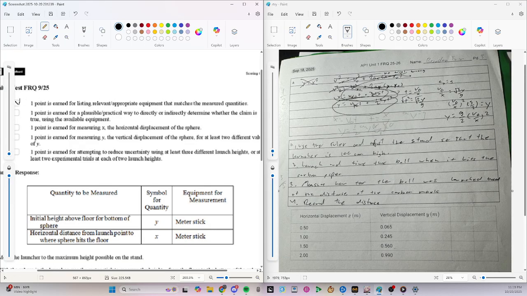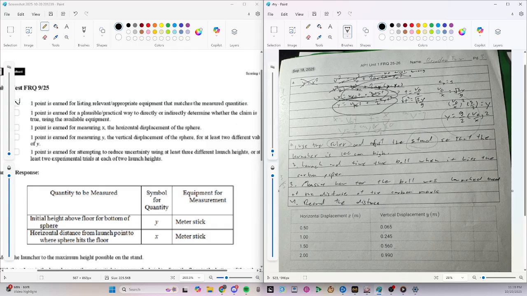As you can see right here, I actually said ruler instead of meter stick. And here I said stand, launcher, etc.